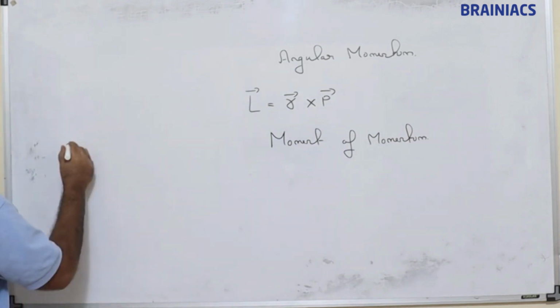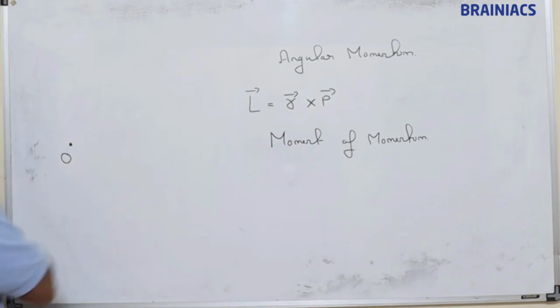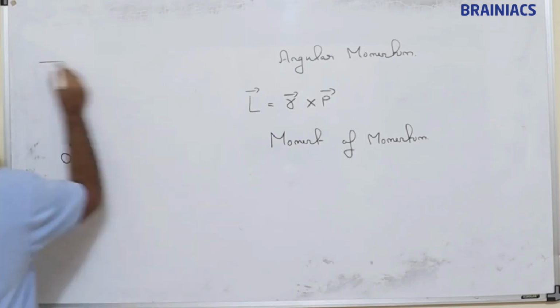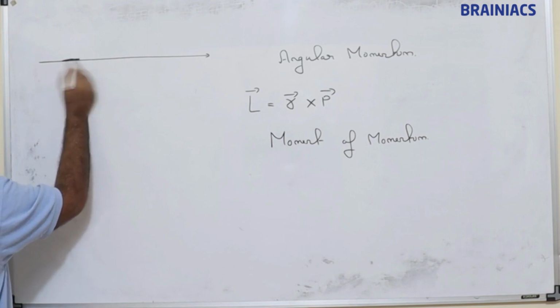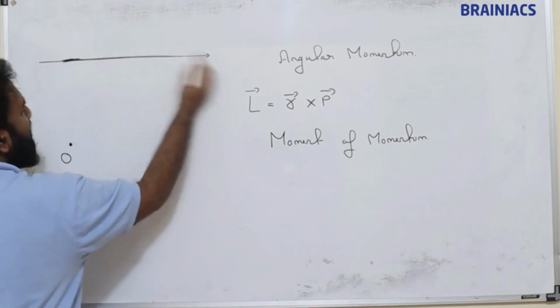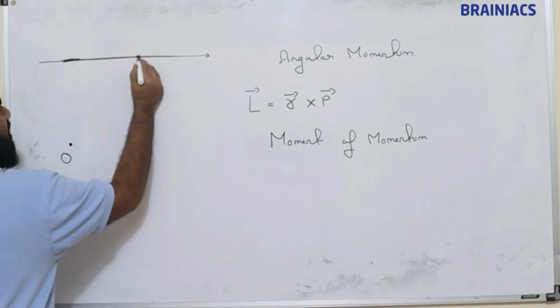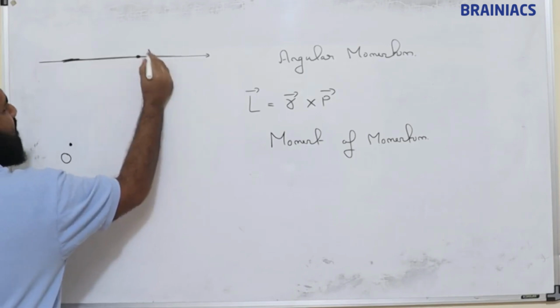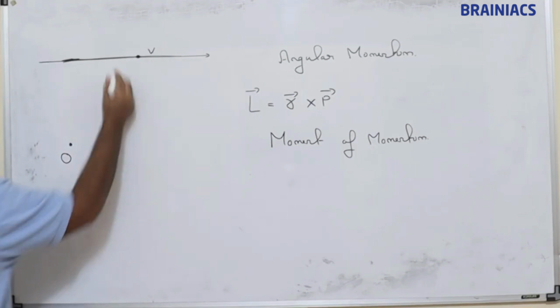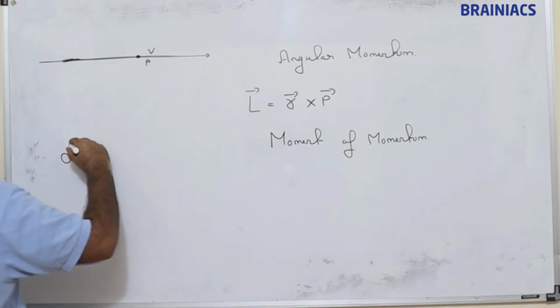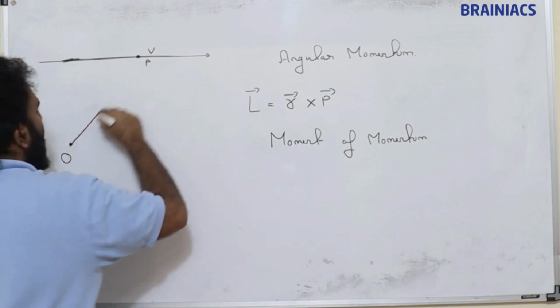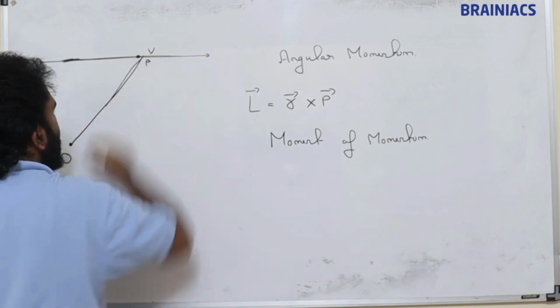Suppose this is a point of observation, O. A body is moving like this. Suppose at this position its velocity is v. This is a point P. Now, what is the angular momentum?